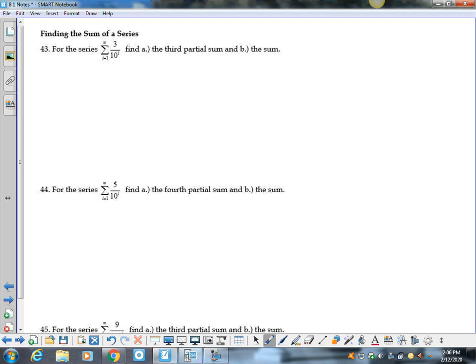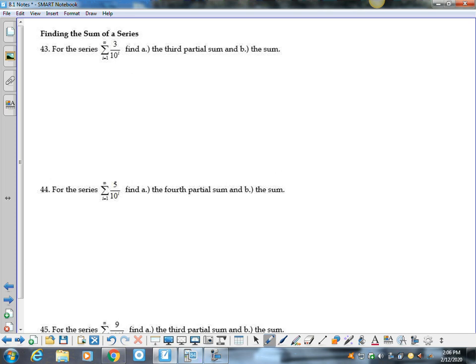Okay, so let's see what these look like. It says finding the sum of a series. This is for the series from 1 to infinity, 3 over 10 to the i. Find, now there are two parts. Part A, the third partial sum, and B, the sum.